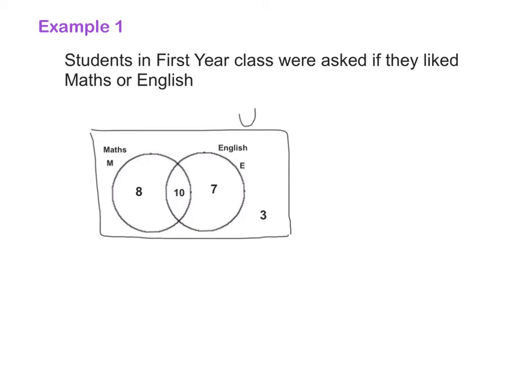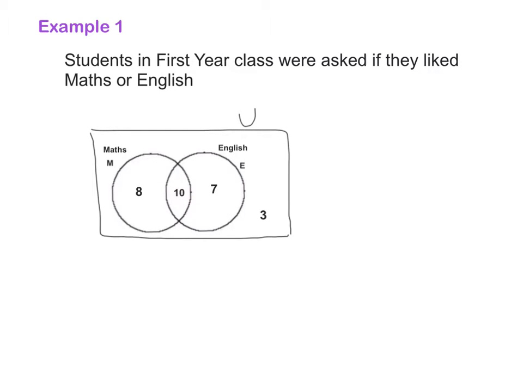Okay, so let's start. We have first circle here, this is for maths. So in this circle we have all the students who like maths. In this circle we have all the students who like English. Let's start with intersection first. We have 10 in the middle.